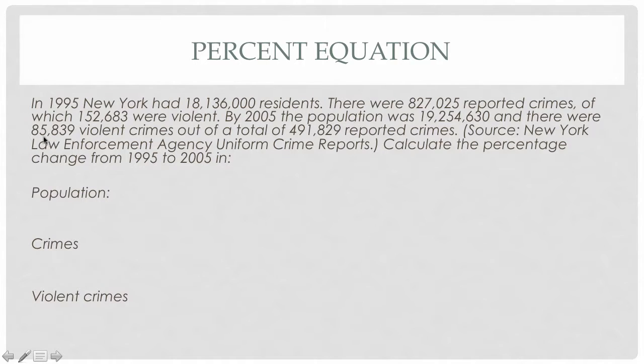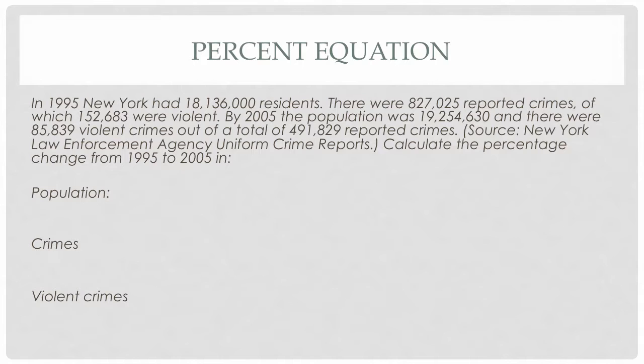And there were 85,839 violent crimes. So it went down by a considerable amount, right? Out of a total of 491,829 reported crimes. That went down by a lot.